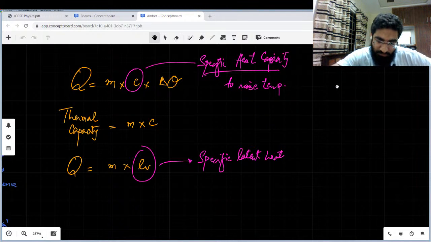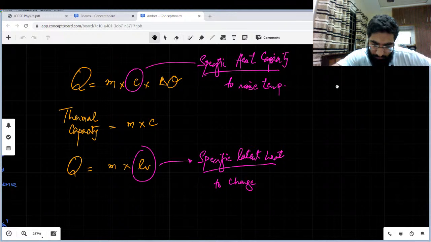And this specific latent heat is to change the state of matter. Okay. Shall I switch back to the question?